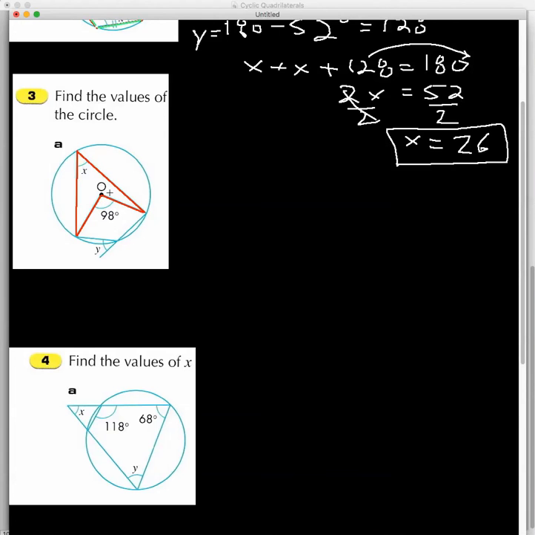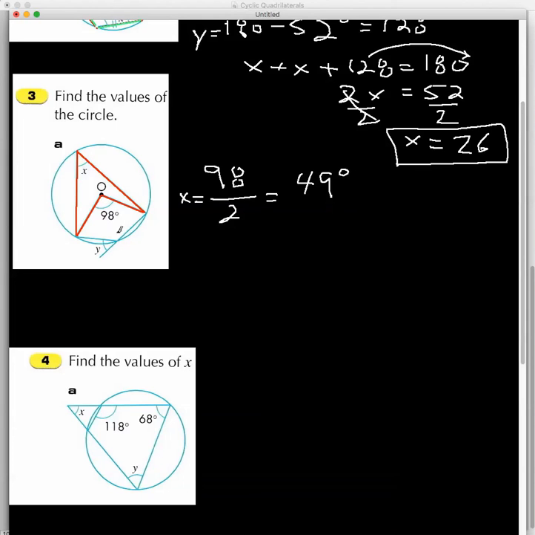So if this angle is 98 degrees, we can figure out what x is really simple. That's the other theorem, where this angle here is half the size of the middle angle here. Okay, so if we just go 98 divided by 2, that should give us our x value. So that's simple. That's using one of the other theorems. So we get how much? 49 degrees. So that's a quick one.